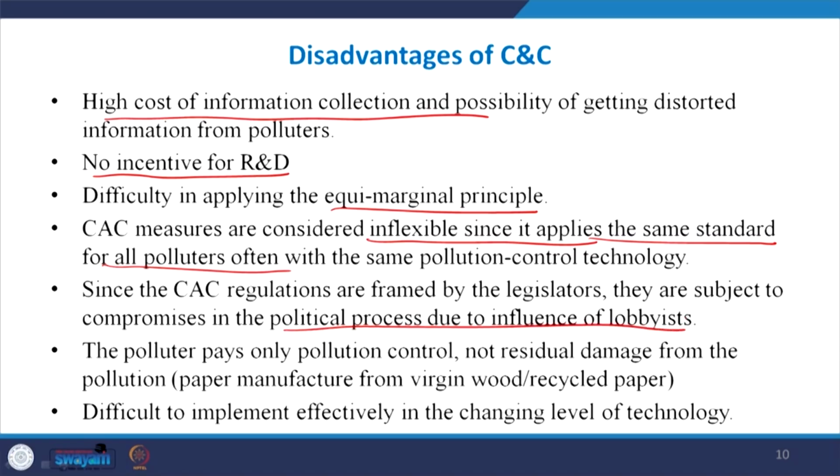I already discussed in interest group theory that many times both browns and greens lobby with the government and try to mold the policy of the government in their favor, and that is why many times when such standards are set, they are subject to certain compromises due to political influences or the political process.